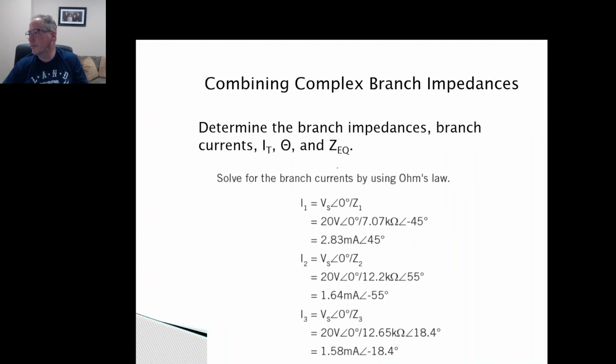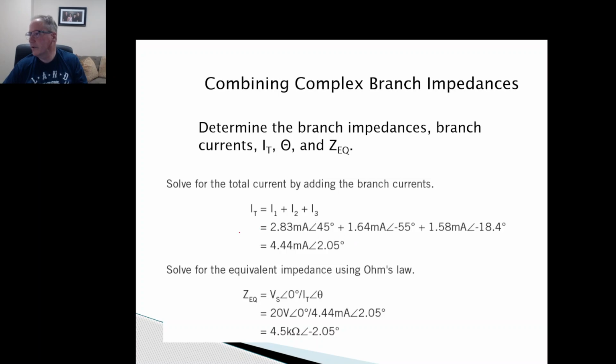All right, and then for the branch current, we're just going to divide the source voltage, 20 volts, by the impedance. So you can do those calculations on your calculator, and you'll see that you get I1, I2, and I3. And then we know that I total is just the sum of those branches.